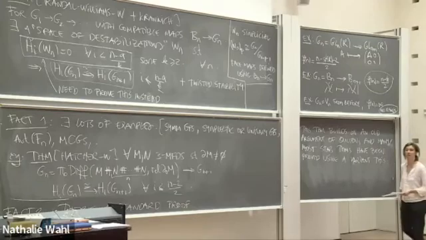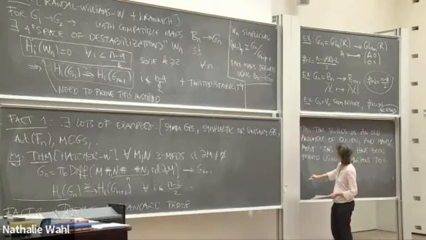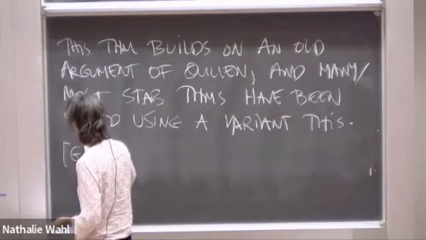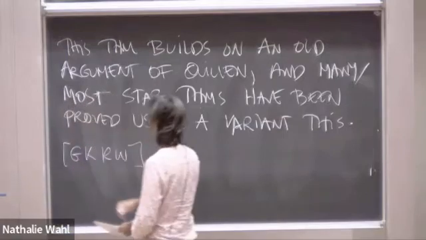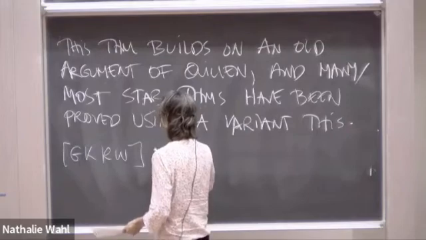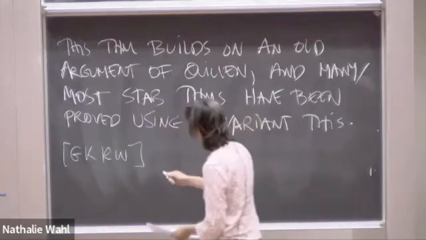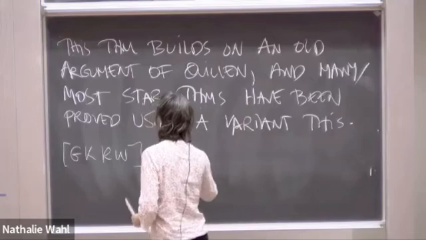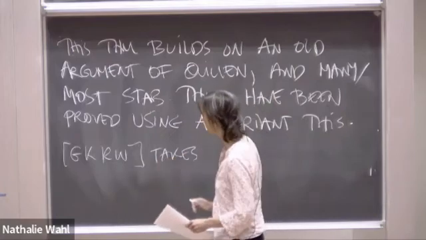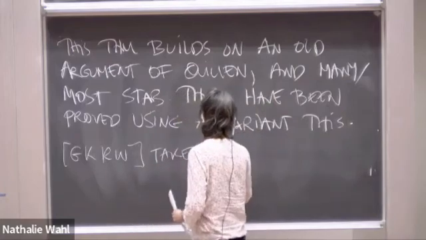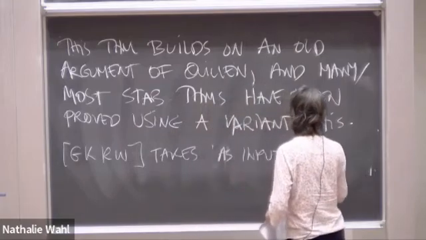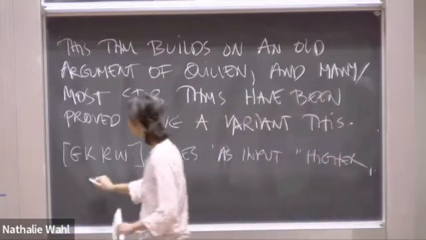Another remark I wanted to make is there is further work by Galatius, Kupers, and Randal-Williams that takes, so what we took here as input is a sequence of groups and this occurrence of the braid groups. What this further work does is it takes as input, in some sense, higher stabilization maps.